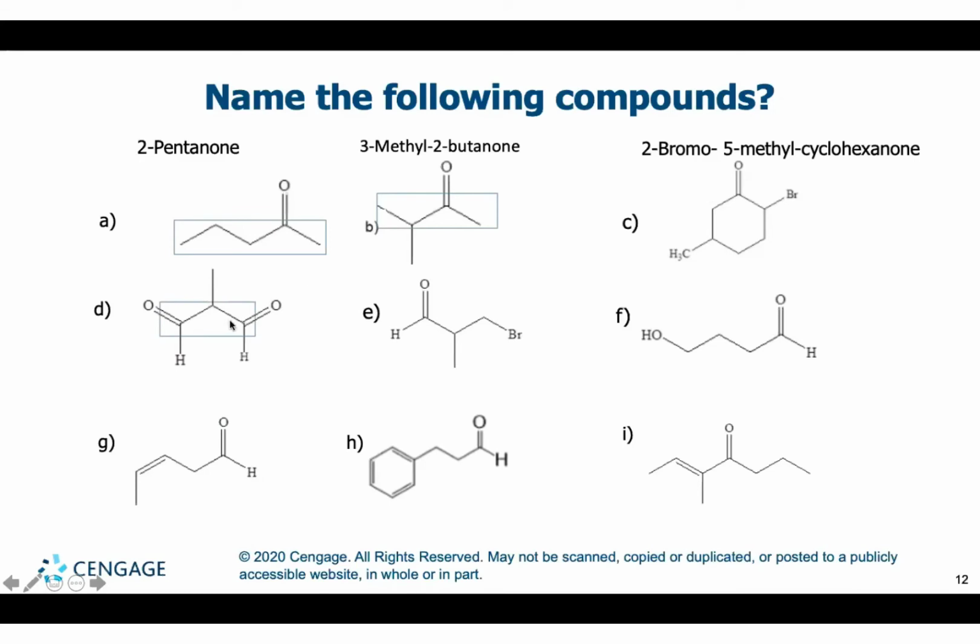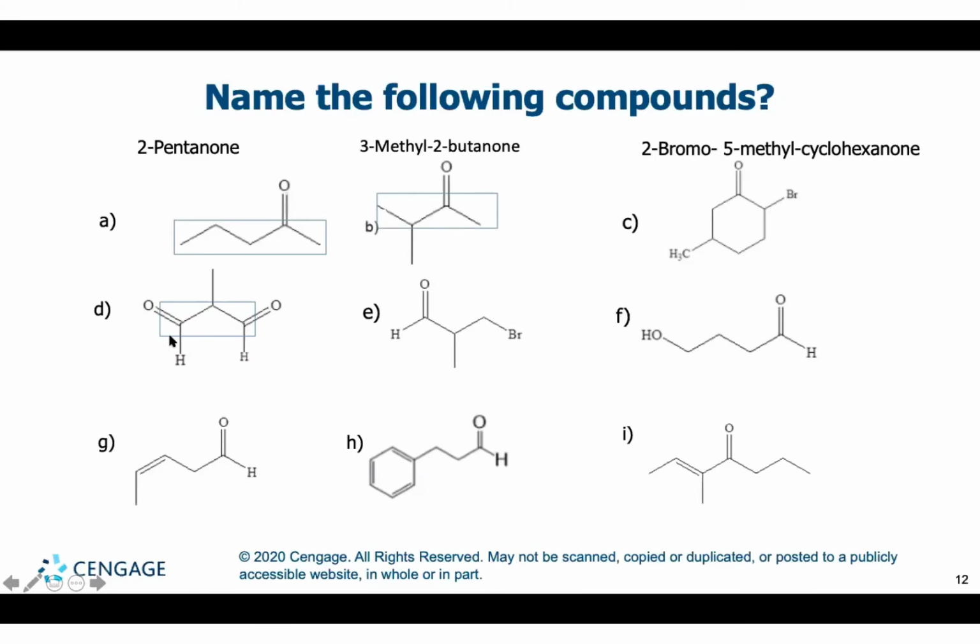In this one, we have aldehyde or ketone? We have aldehyde. See, here we have CHO, from one side connected to hydrogen. This carbonyl group is connected to hydrogen. So we have 2 aldehyde groups. We find the longest chain. The longest chain should include the carbonyl groups.